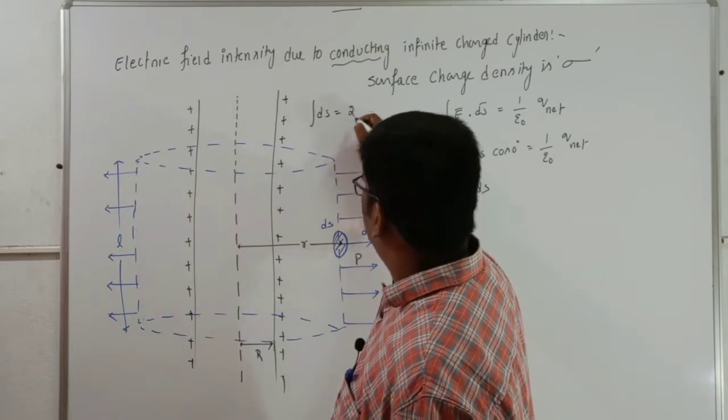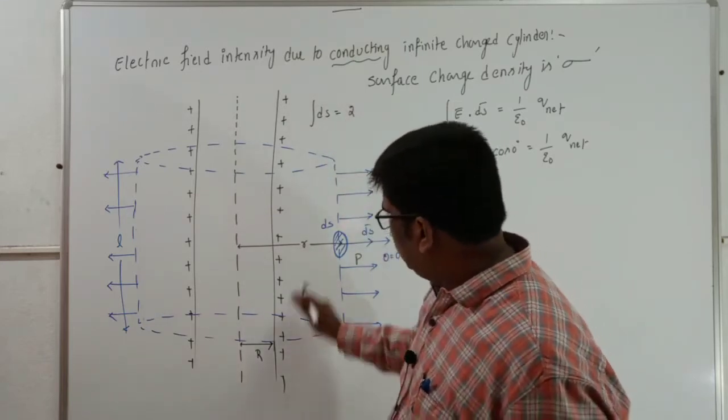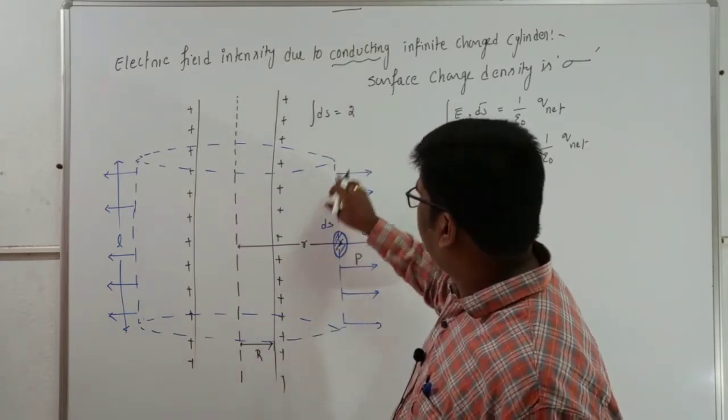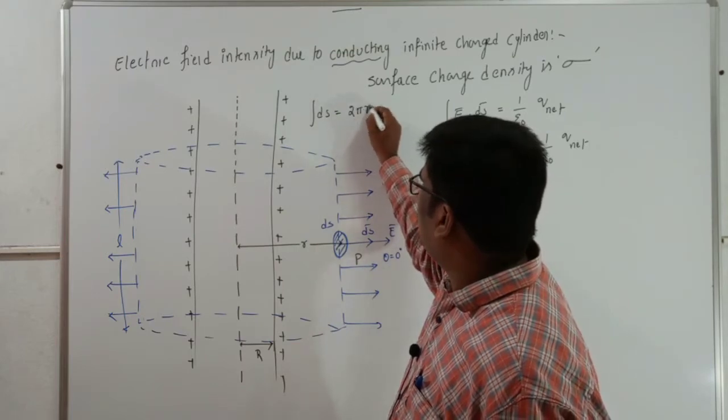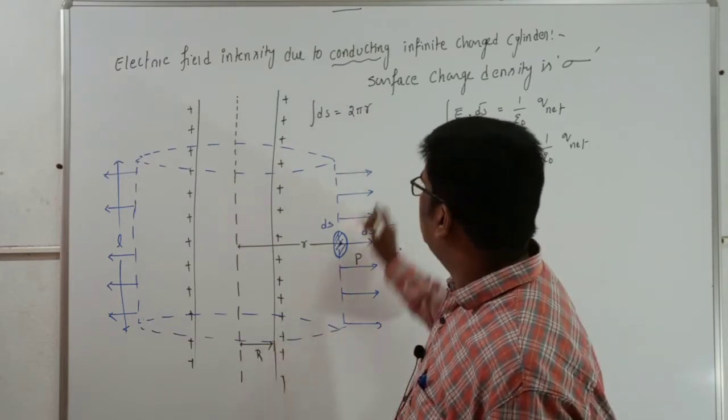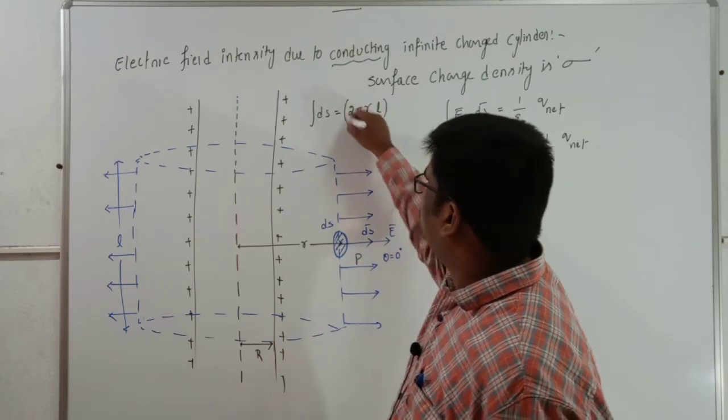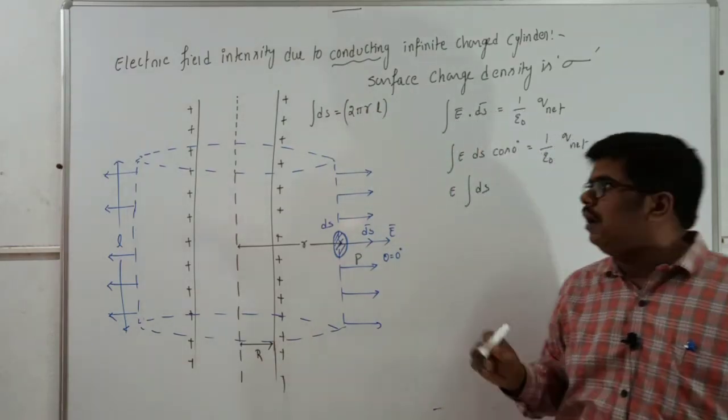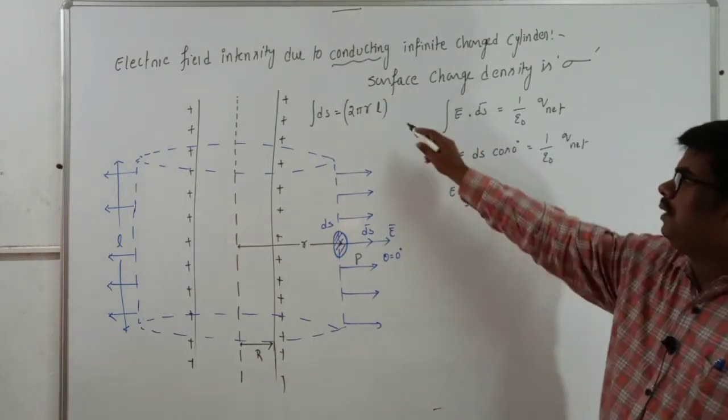The cylindrical surface area is the perimeter 2 pi r, where r is the radius of the Gaussian surface, times the length L. So integral ds we can write as 2 pi r L.